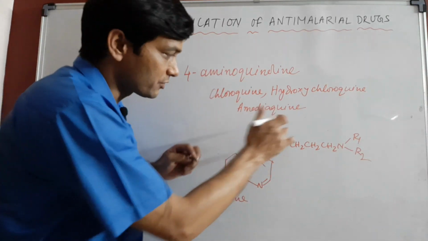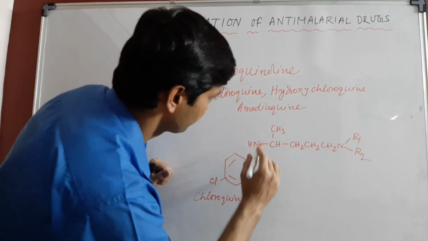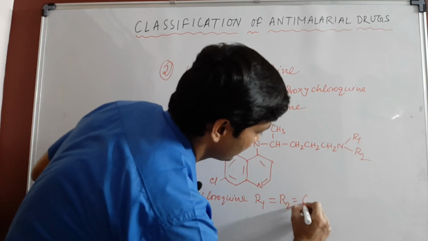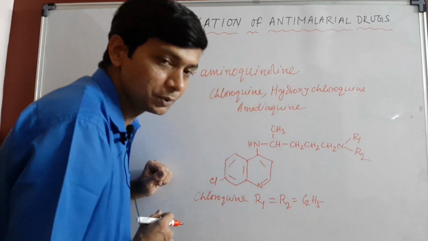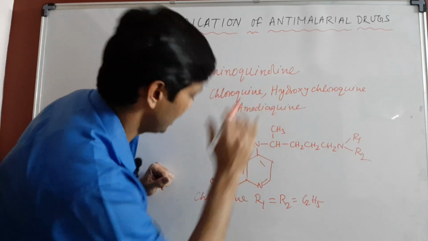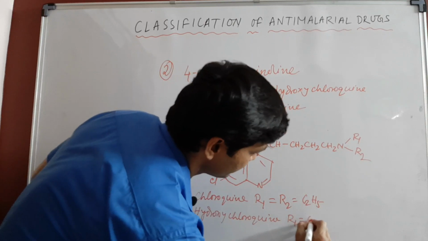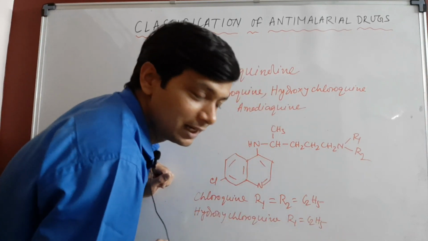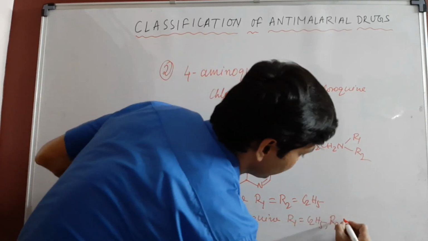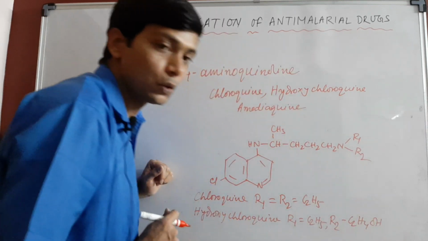This is the general structure of 4-aminoquinolines. For chloroquine, R1 and R2 are ethyl groups, that is a diethylamino moiety, and for hydroxychloroquine, R1 is ethyl and R2 is hydroxyethyl, that is C2H4OH.